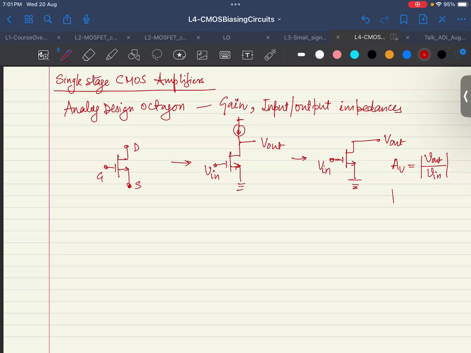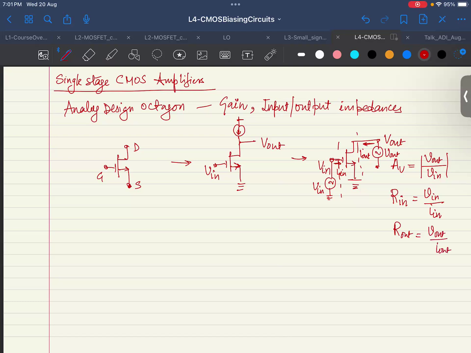We are also interested in input impedance, which is when you apply a signal, how much current is passing, so V in divided by I in. And we can look in the same way from the output: there's V out and a current flowing, so R out would be V output divided by I.